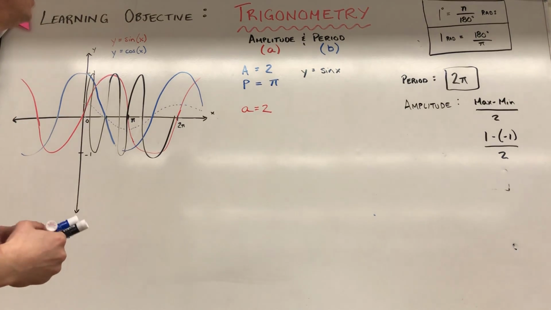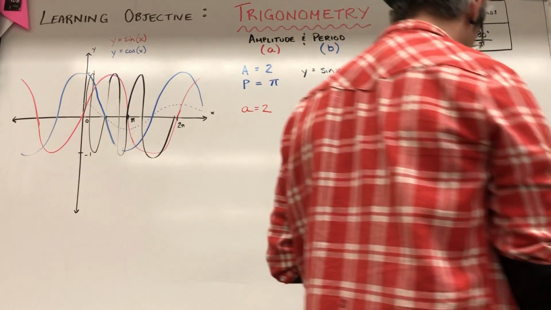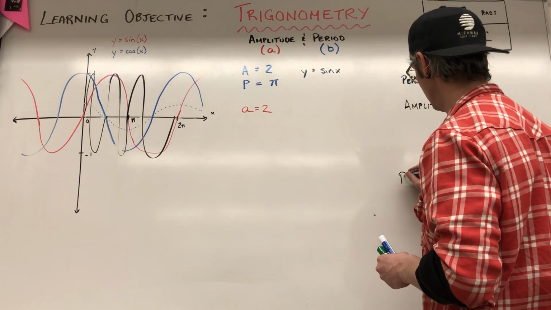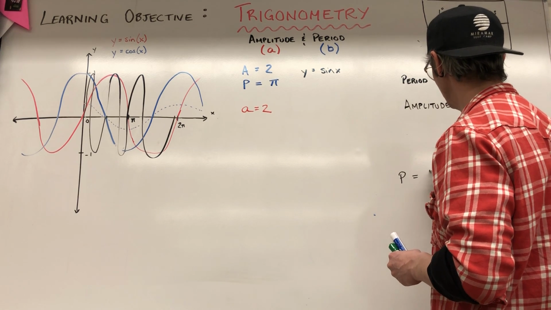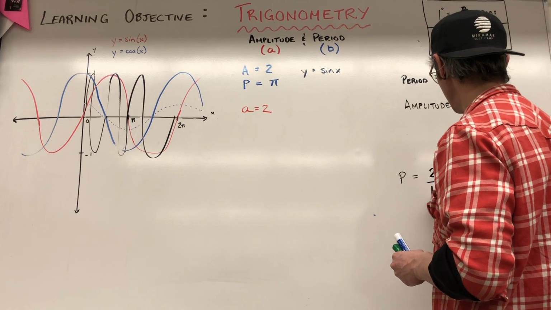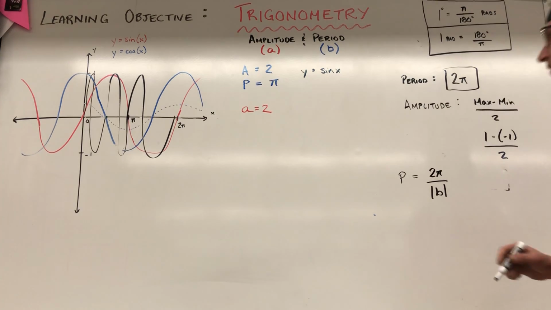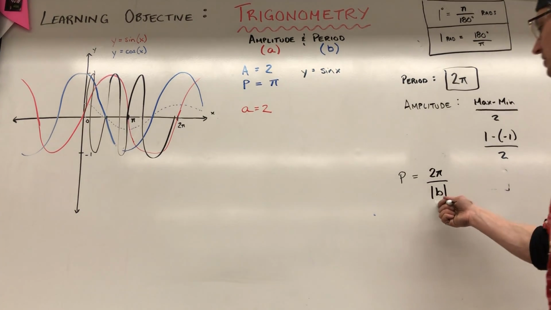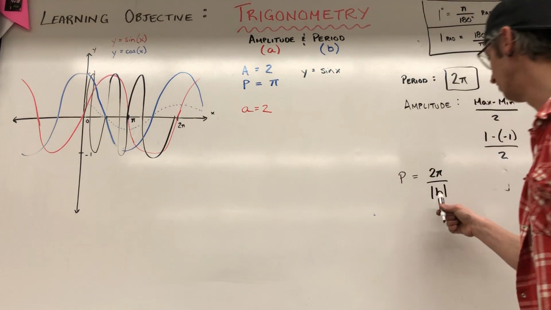My period is equal to 2 pi divided by the absolute value of b. Now I want to figure out what b gives me this period, so I'm just going to solve for b in this equation.